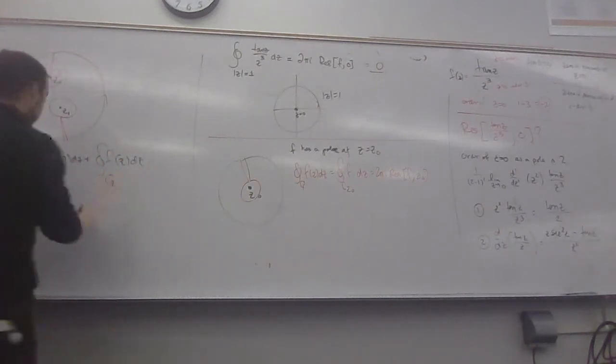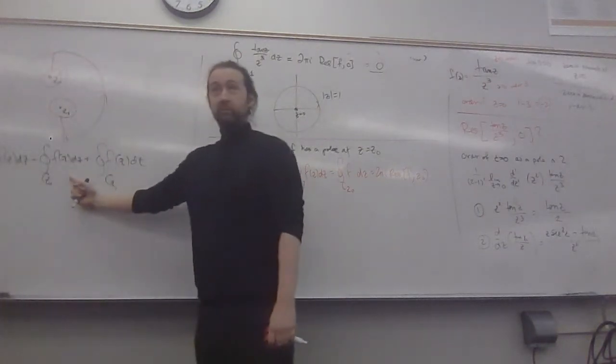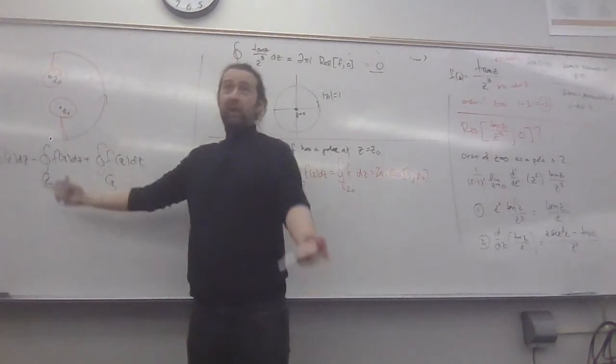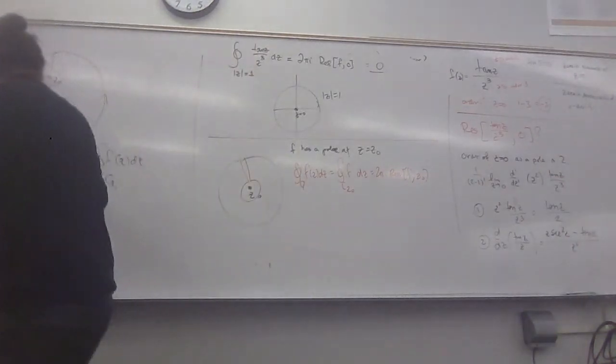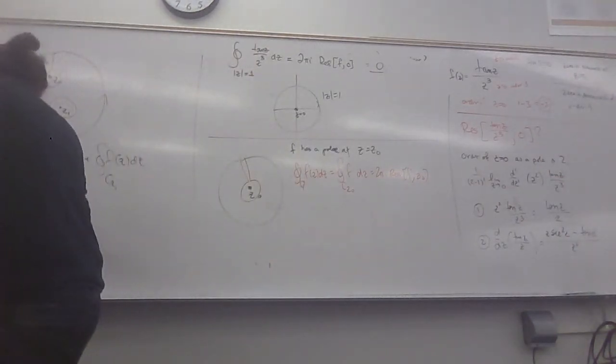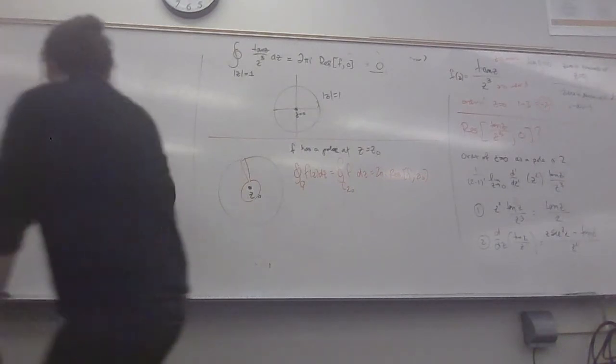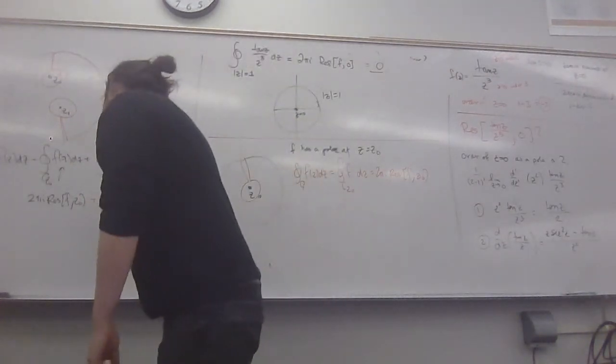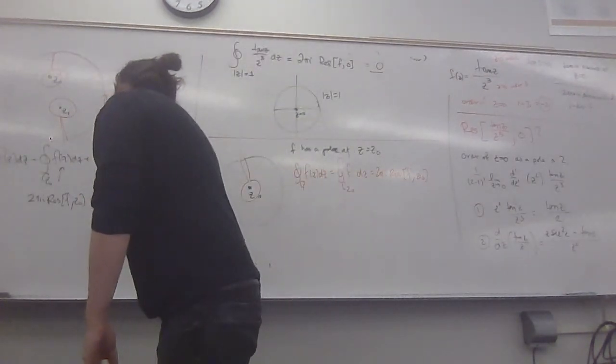And what's that equal to? By the one singularity theorem, 2 pi i times the residue of f at z naught. And what's that one equal to? 2 pi i times the residue of f at z1.